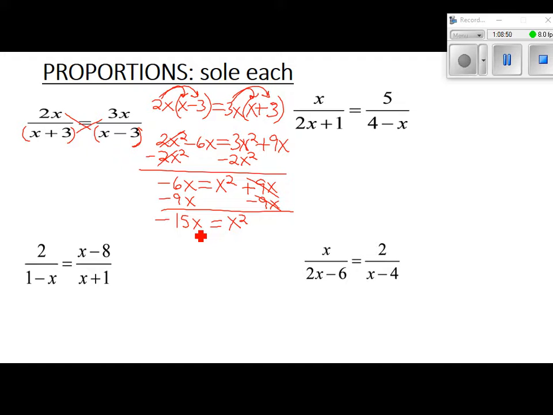What we can do here to solve this, what's on both sides? x. So if we divide this side by x, what's left on this side? x. Negative 15. You divide the other side by x. Just x. What's x equal? Negative 15.